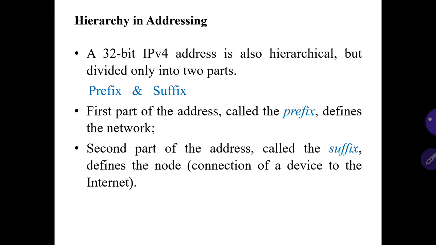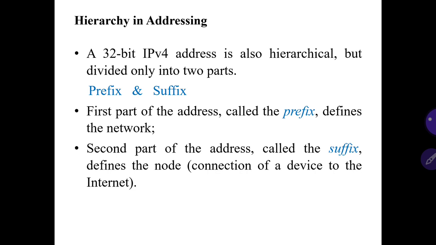A 32-bit IPv4 address is also hierarchical, but divided only into two parts, a prefix and a suffix. The first part of the address is called the prefix. It represents the network, the whole institution as an entity. The remaining part represents the computer inside the institution. The second part, called the suffix, defines the node address, the connection of a device to the internet.